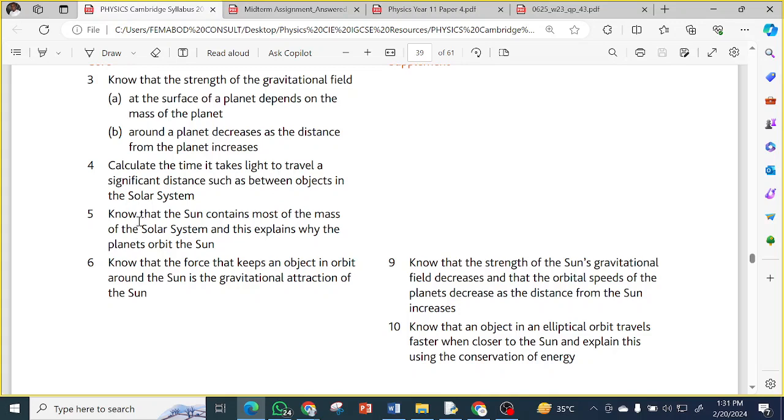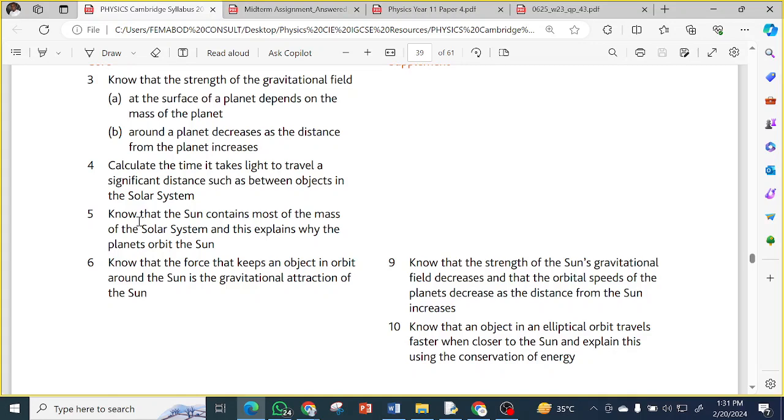They were meant to also know that the sun contains most of the mass of the solar system. So they can ask us in an objective question which of the planetary bodies contains most of the mass of the solar system? Very straightforward, the sun. And that is why it is the sun that is able to pull all other planets, as a result of the gravitational strength of the sun on all other planets.